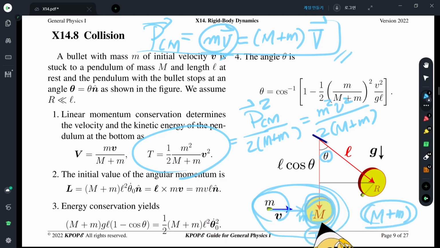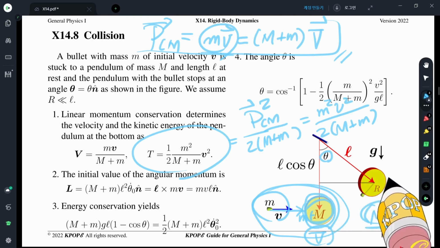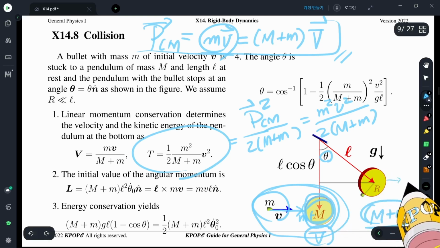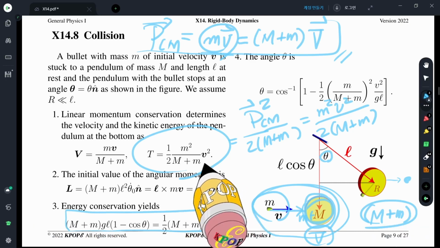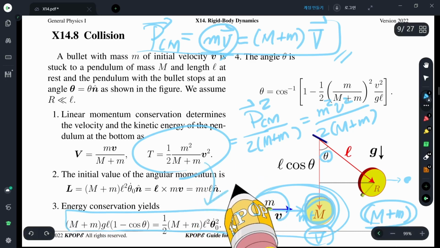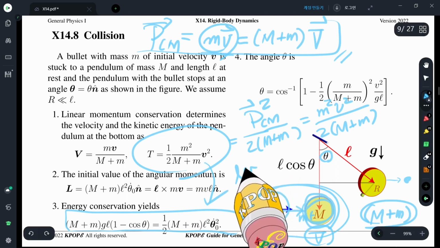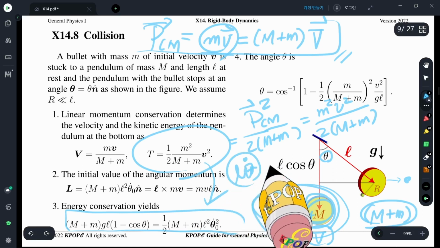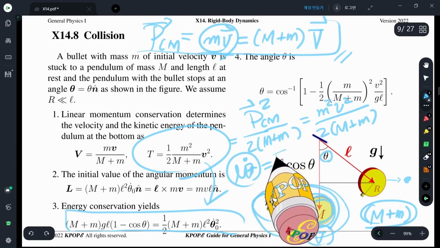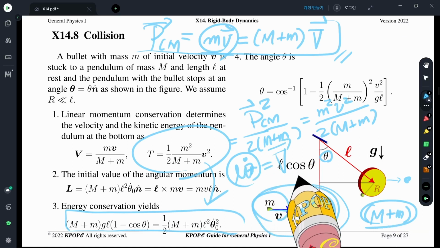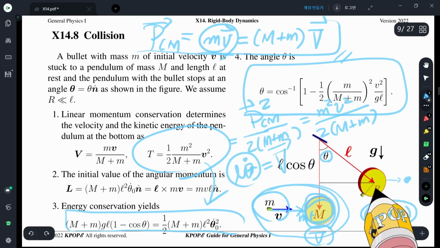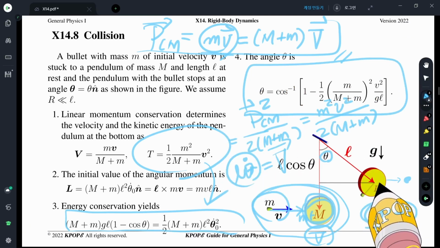This kinetic energy is completely transformed into the potential energy of the system to make a complete stop at this point. So we can make use of the energy conservation formula. And this one is identical to this because L theta dot is the velocity of the composite system. So from here, we can determine the angle where this composite pendulum stops.